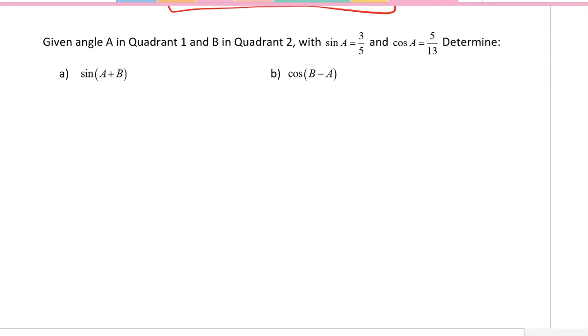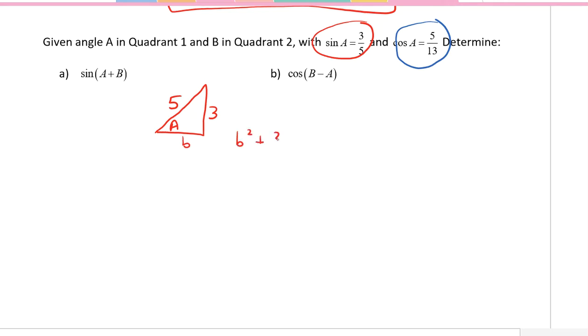The first thing I'm going to do is take this piece of information and this piece of information and draw two triangles. So given A in quadrant 1, with sine of A equaling 3/5 rather. So here is A. I'm going to find the last side with the Pythagorean theorem.